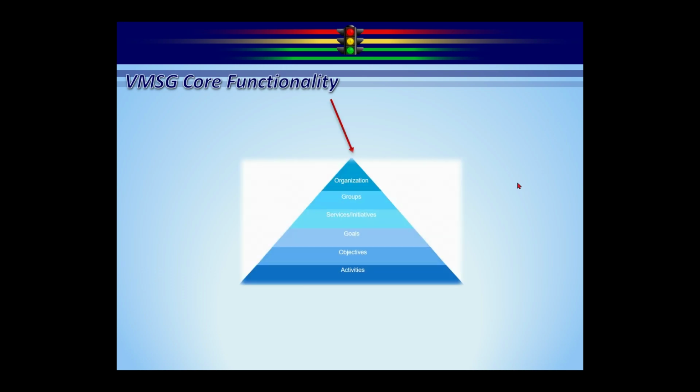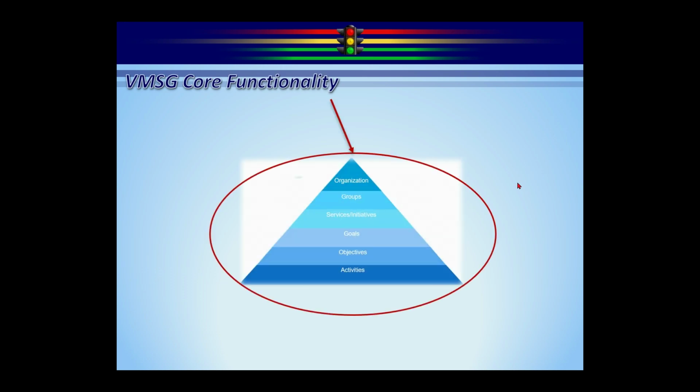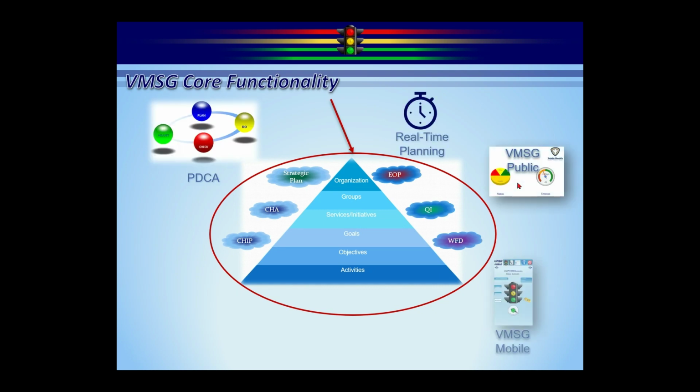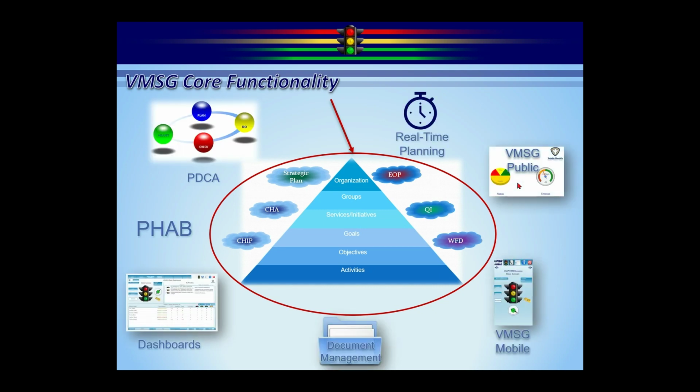What we've just gone through is what we call the core functionality of the VMSG dashboard. For those going through accreditation or reaccreditation, the first thing we recommend is to get the Fab 6 packet plans together and get those in the system. Use one of the accreditation plans, whatever fits your need, whether it's accreditation, reaccreditation, pathways, or whatever.